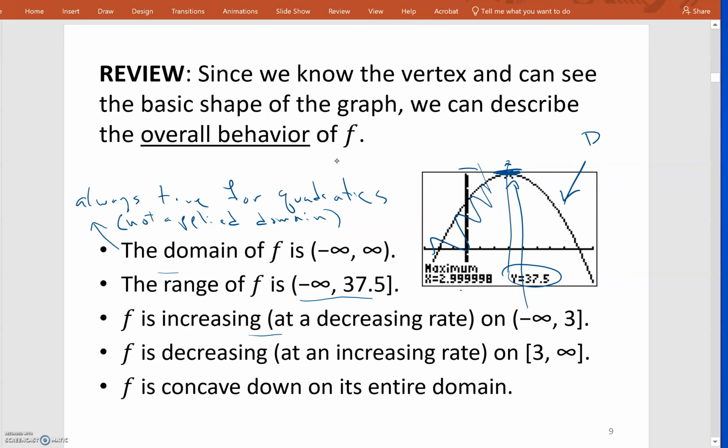Finally, this particular function is concave down everywhere because it's opening down. If it had been opening up, it would be concave up everywhere. And that's just some general statements about the behavior of the function.